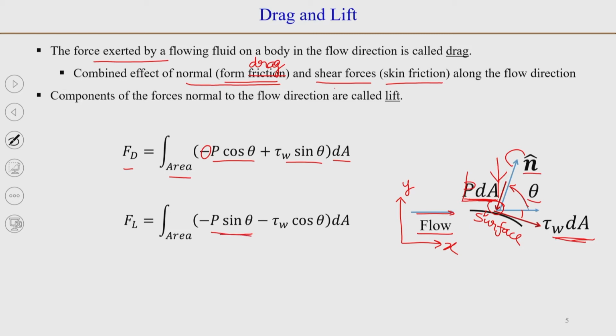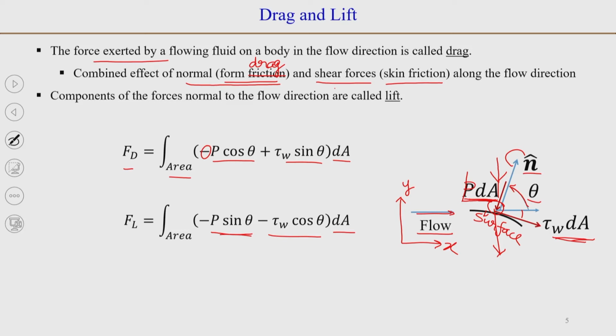And the component of tau w dA along this direction will be tau w dA cos theta with a minus sign there. So, that is how we can calculate on any surface the drag and lift forces.